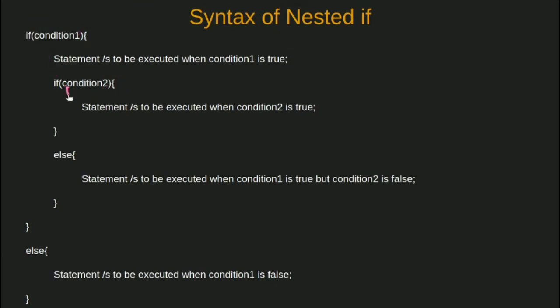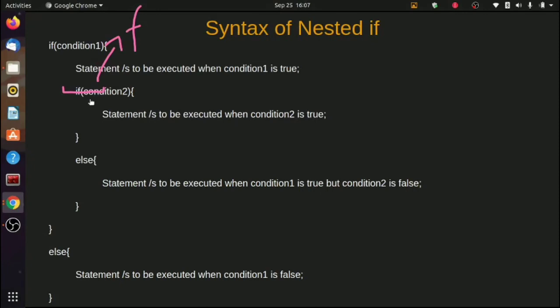Now if this condition evaluates to true, then this set of statements will get executed. But if this condition evaluates to false, in that case the control will then shift to the else part, and the statement within the else part will get executed.